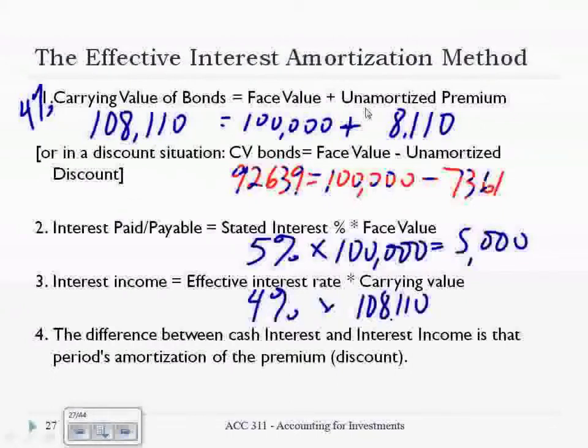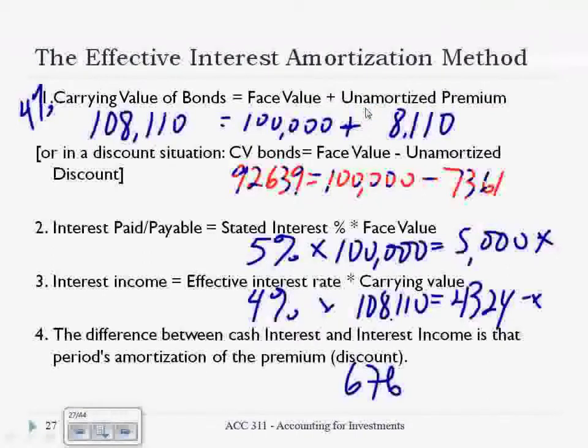That's going to result in the first period having interest income equal to $4,324. The difference between the cash interest and the interest income is the amortization of the premium, and that's going to be $676.